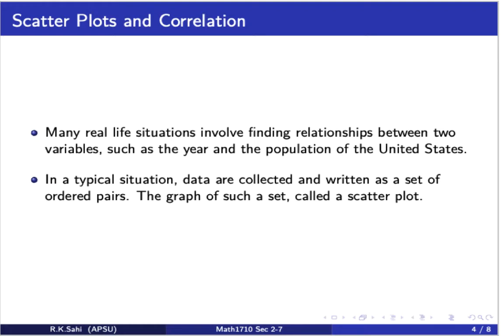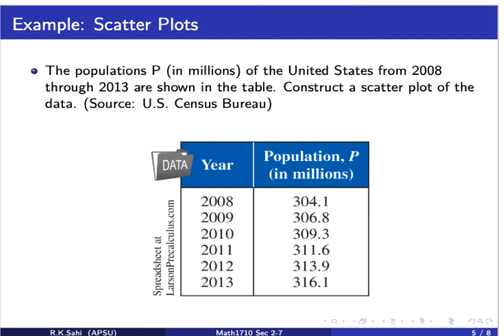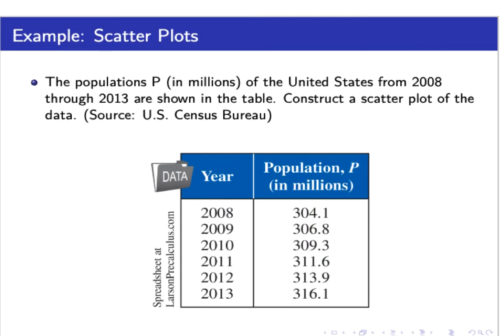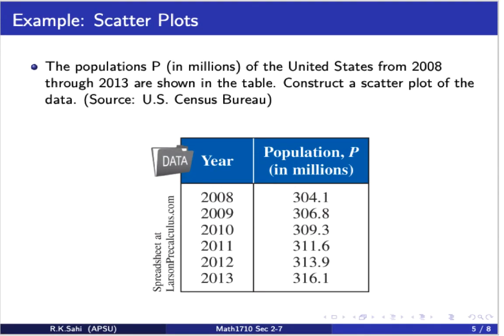So let's look at an example of what we just talked about, the years and the population of the United States. We're going to look at the population beginning from 2008 till 2013.